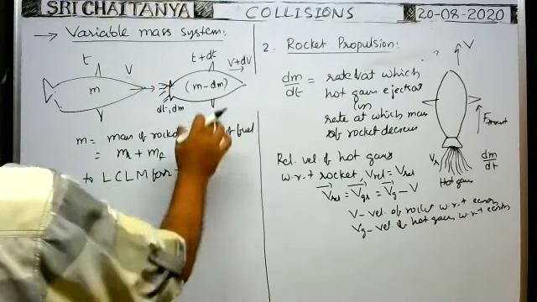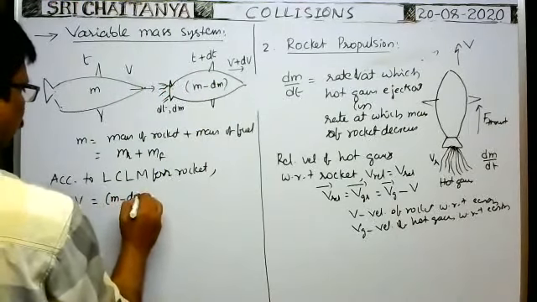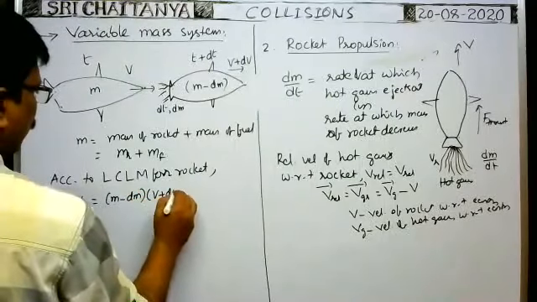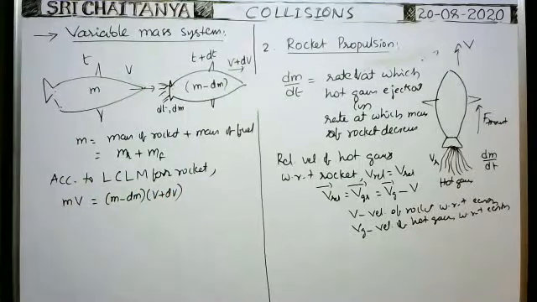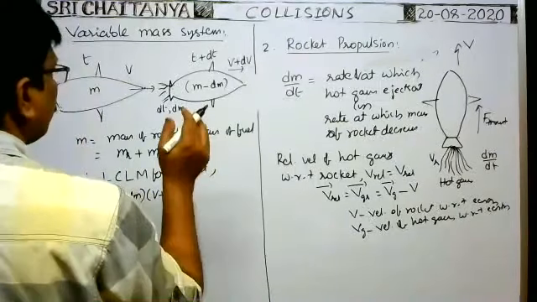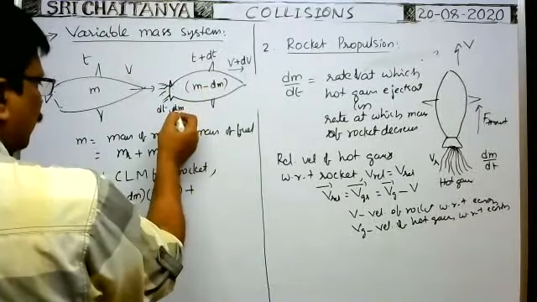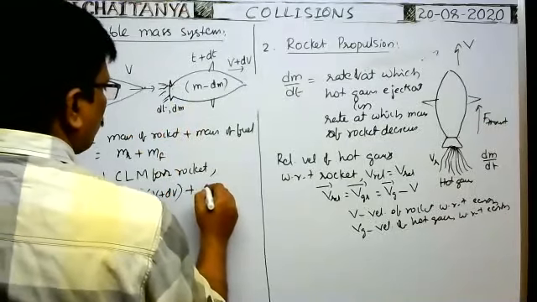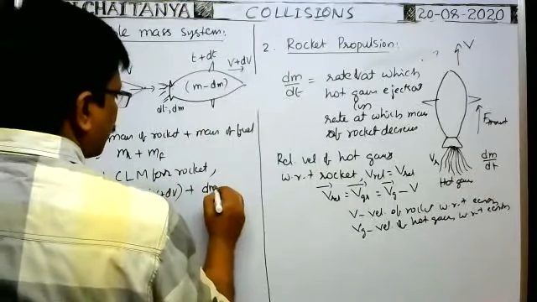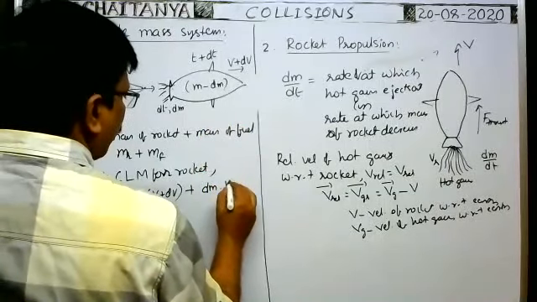Now the momentum of the rocket is m minus dm, the mass of the rocket, into its velocity v plus dv. Momentum of the rocket is m minus dm into v plus dv, plus the momentum of the hot gases, because in dt seconds dm mass of the hot gases is ejected, so the mass of the hot gases coming out in time dt seconds into the velocity of the hot gases vz.